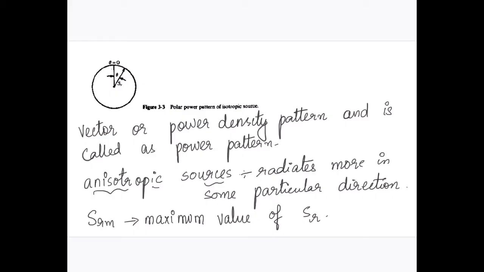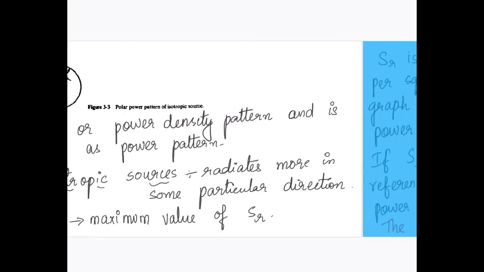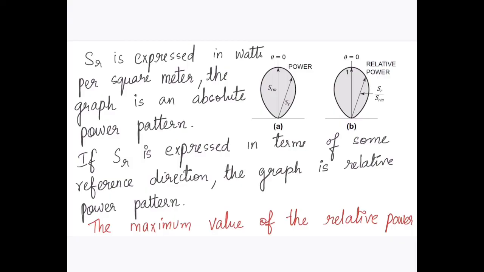When writing the power pattern, we can consider S_rm as the maximum value of S_r. If S_r is expressed in watts per square meter, the graph is known as the absolute power pattern. If the graph is expressed in terms of its value in some particular reference direction, then the graph is termed a relative power pattern.